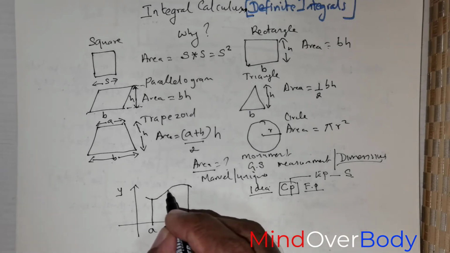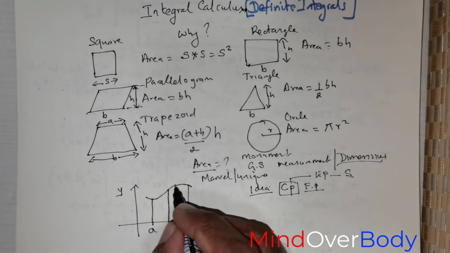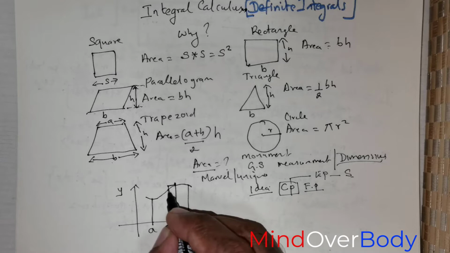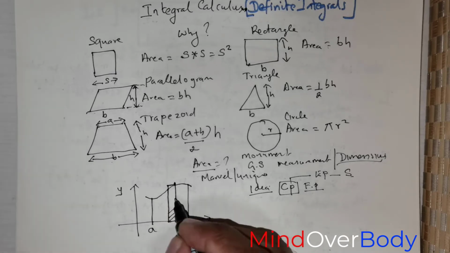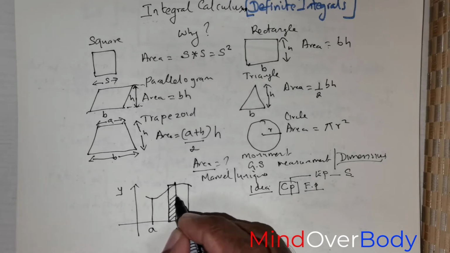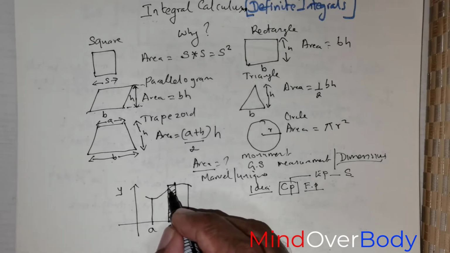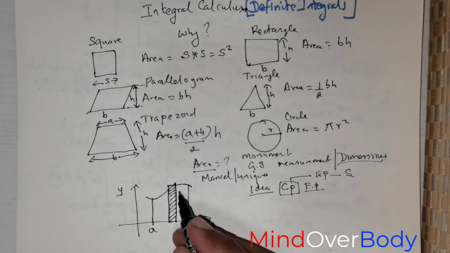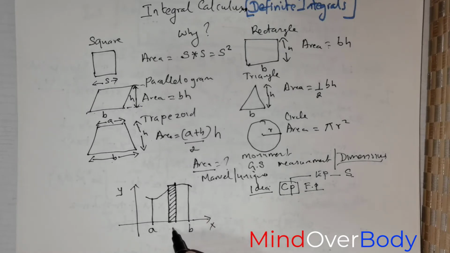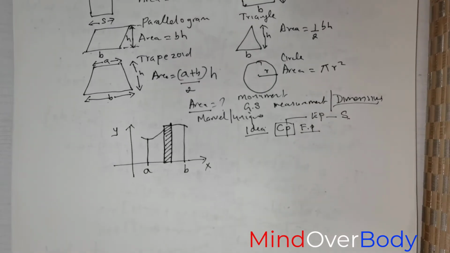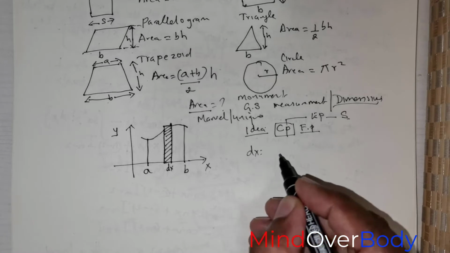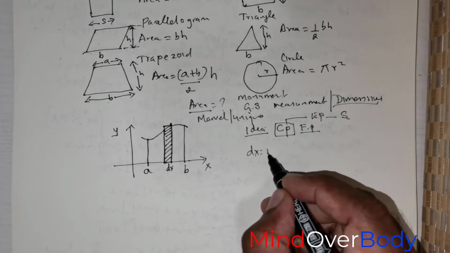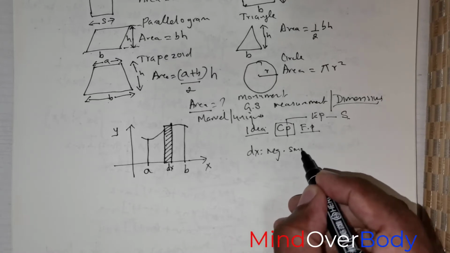So the idea is that they created a rectangle. So this went on like this, and this was the shape that they created, and they called it a strip. So this rectangular strip that has been created will have a width. The width is taken as dx, and dx is the most important point. This is a very important point: it is negligibly small.